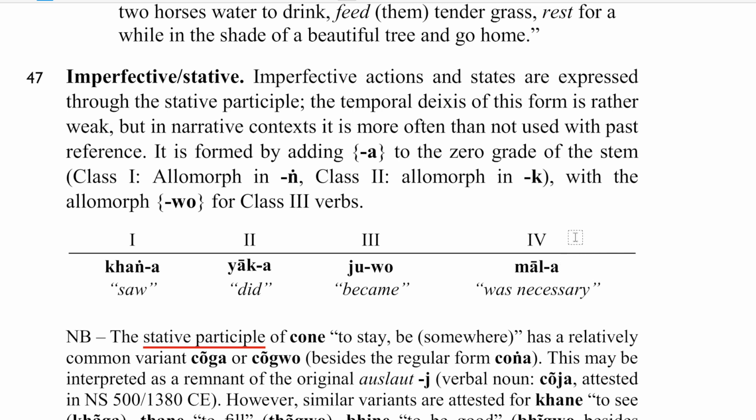So in perfective past, you have mala, malo, malan, etc. But here, the stative participle is also mala, so it's kind of the same. We don't really figure out whether it's a perfective past or a stative participle at the end of the sentence, and it's just like something is necessary or something was necessary.